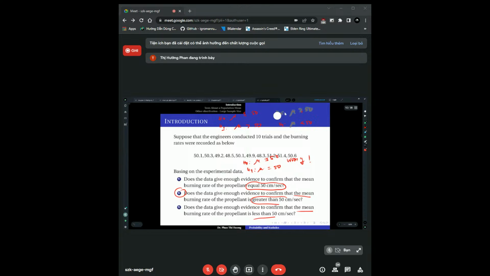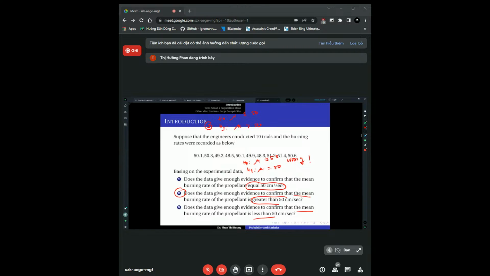Now I take the hypotheses of question 2 for further discussion. This null hypothesis and alternative hypothesis for question 2 is correct. Even though opposite to H1, we have H0, mu less than or equal to 50, is correct. But because of the key concept of hypothesis testing, firstly, we assume that H0 is true. If H0 is true, it means that we are assuming mu less than or equal to 50.